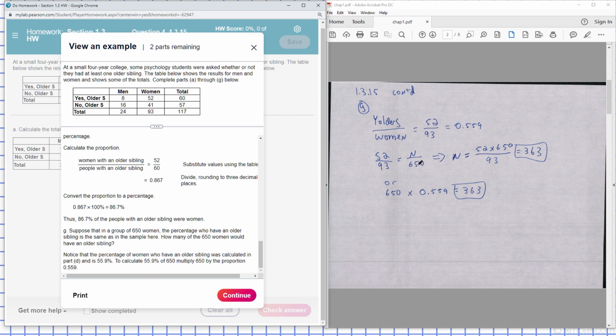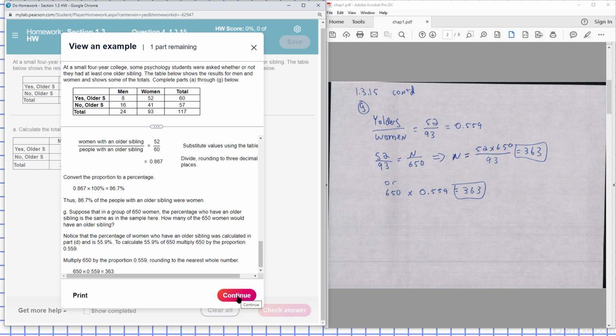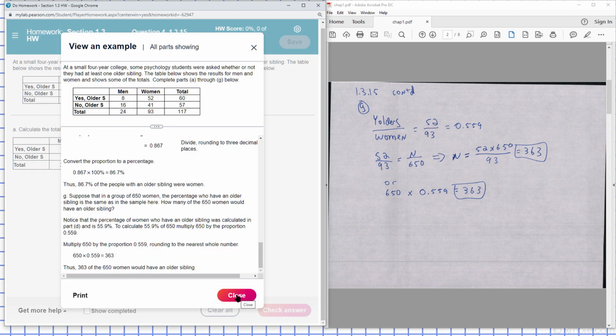Then the 650 women here, how many would you expect to have an older sibling? You set up a proportion, and I cross multiply and divide. So I said 52 times 650 divided by 93, which gives me 363. So you would expect 363 of the 650 to have an older sibling.